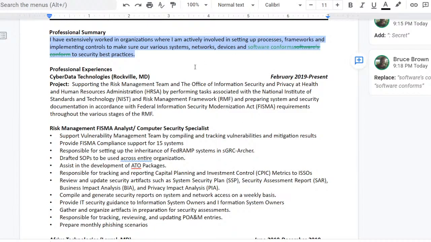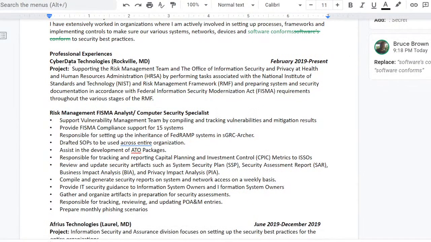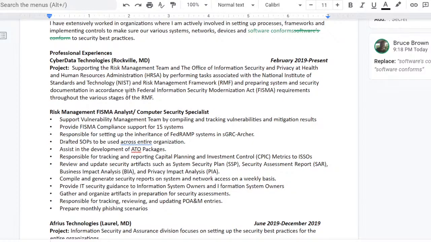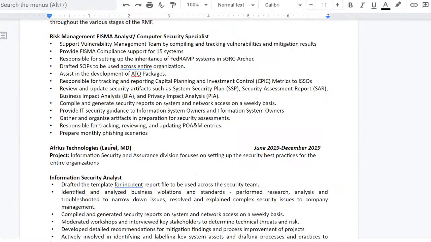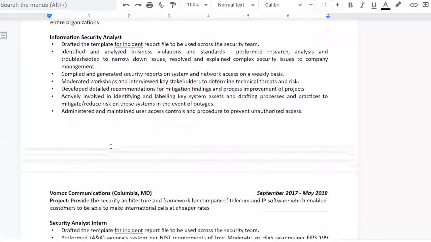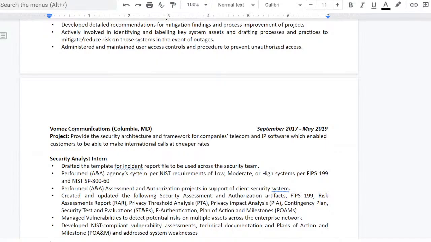Here's what I would do. I would say, okay, I've extensively worked in organizations. Right there, this is a general statement. I would put what organizations I've worked for. So he's worked for Cyber Data Technologies. I don't know what kinds of organizations these are.